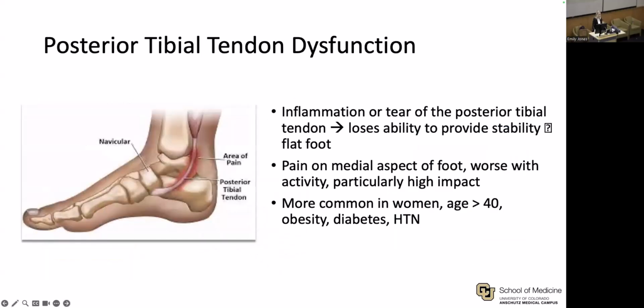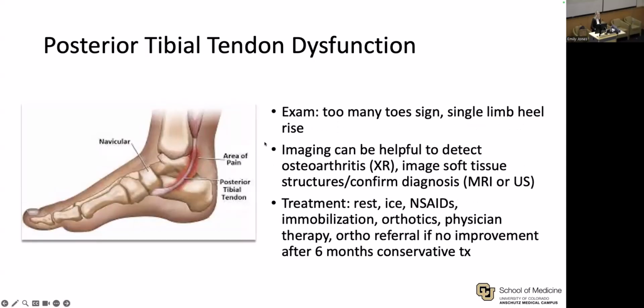Posterior tibial tendon dysfunction is another very common problem that we see in the primary care office. This is inflammation or tearing of the posterior tibial tendon, and it basically causes the loss of ability to stabilize the foot, and it causes a flat foot. So here on the medial side of the ankle, this is the posterior tibial tendon, and it helps pull up that arch.